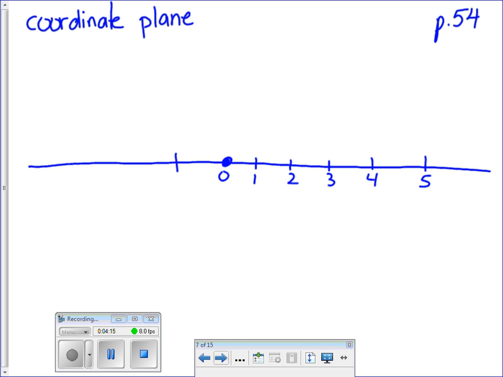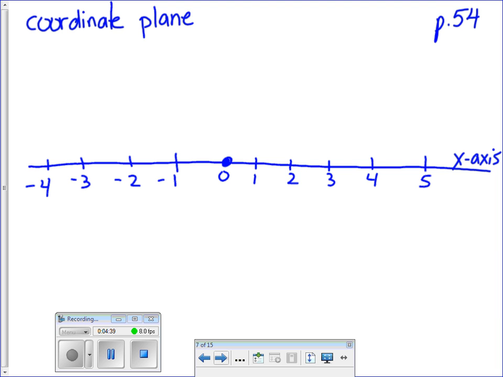And then what do we have to the left of 0 on our number line? -1, -2, -3, -4. That horizontal number line is called our x-axis. So draw that through your big dot.